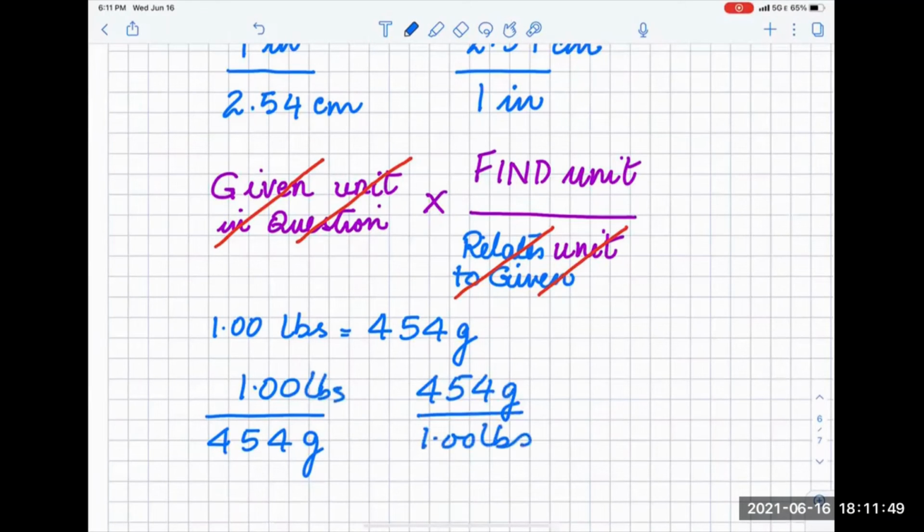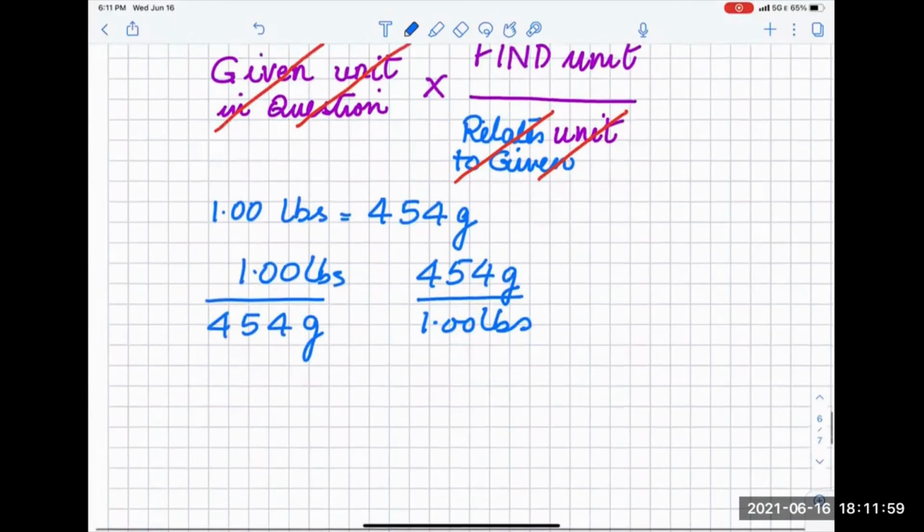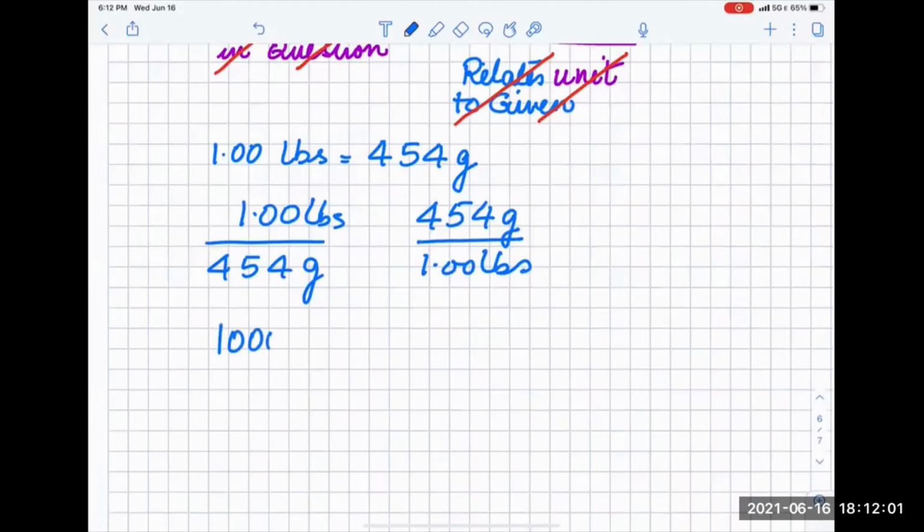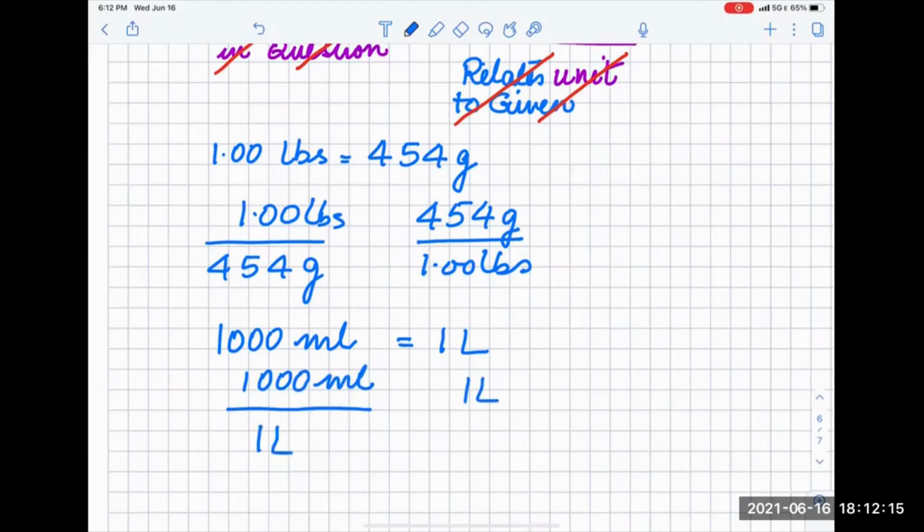Similarly, if you have volumes, I'm just going to do this one: 1000 milliliters make 1 liter, and the conversion factors are 1000 milliliters over 1 liter, or 1 liter over 1000 milliliters. So these are the 2 types of conversion factors.